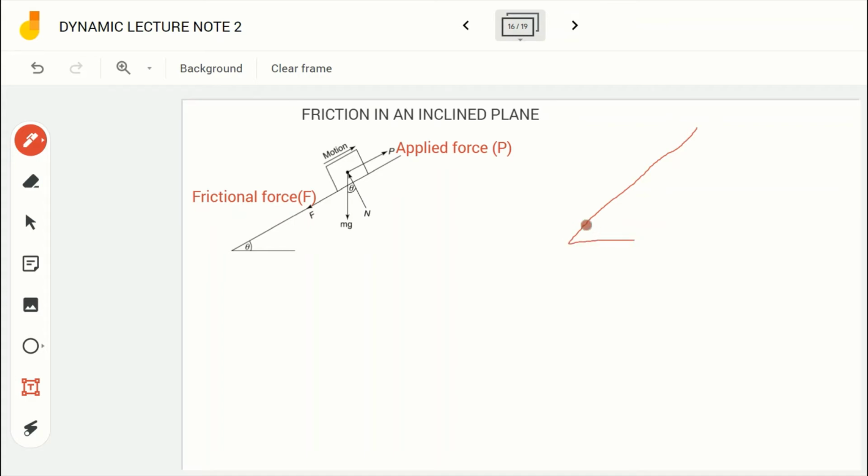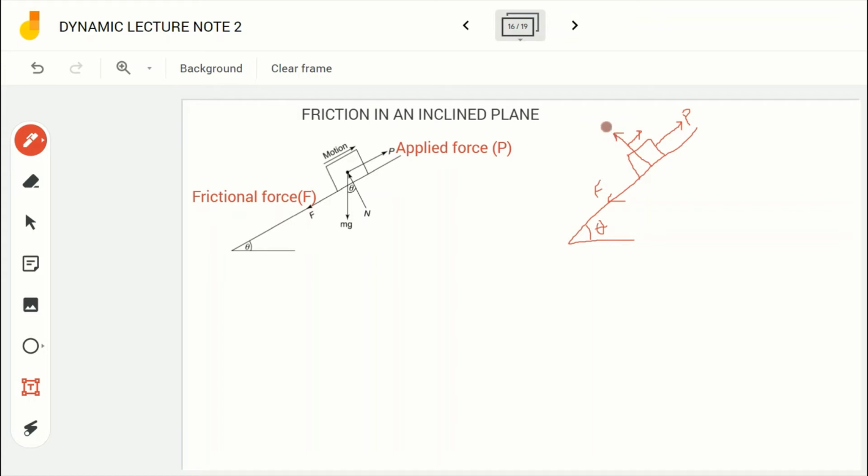Now I'm given my angle. This is theta. It is called the angle of repose. Now here is the object going up. As you can see, it's going up. This motion tells us the direction of the object. Now right here I have my applied force P, and right here I have my frictional force F. Right here I have my N, which is acting up.